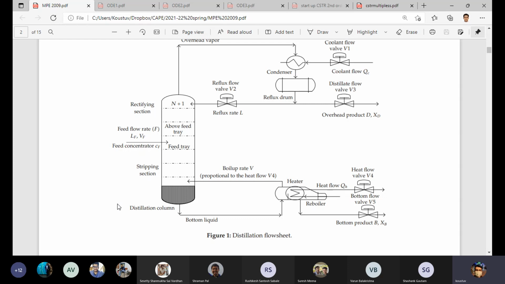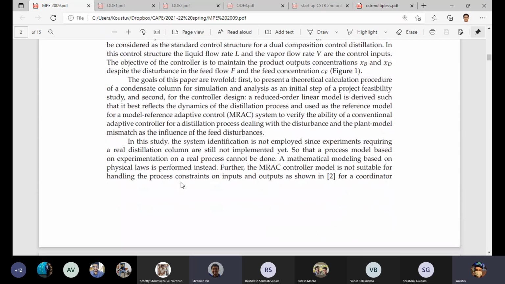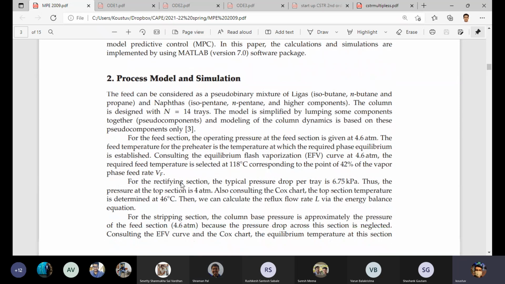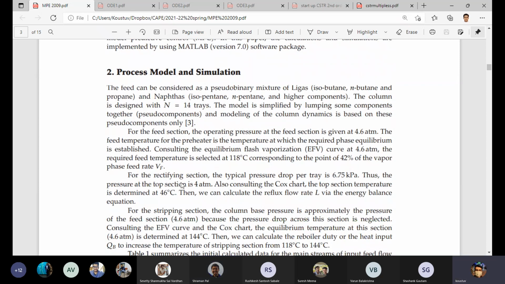Between what and what? One component's vapor composition and the liquid composition. Yes, so what is that relation called? What is the name of that relation?